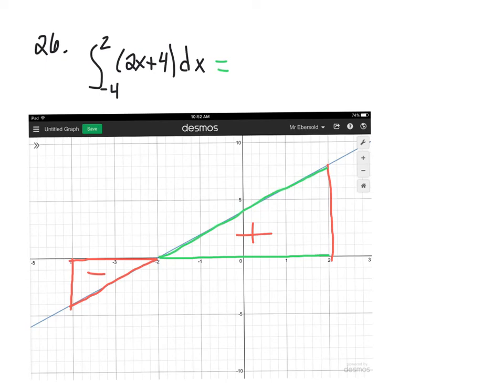We're talking about this formula: -1/2 base. We'll count the base as 1, 2. So 1/2 times the base times the height.